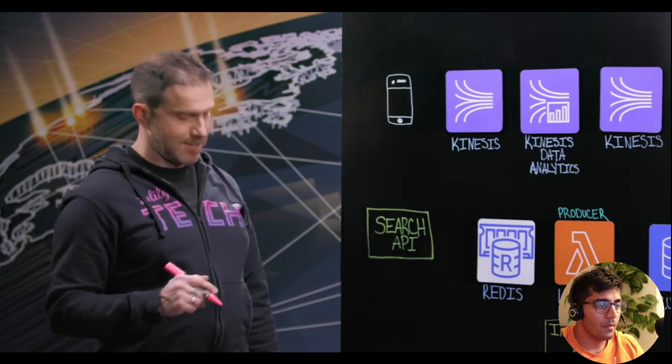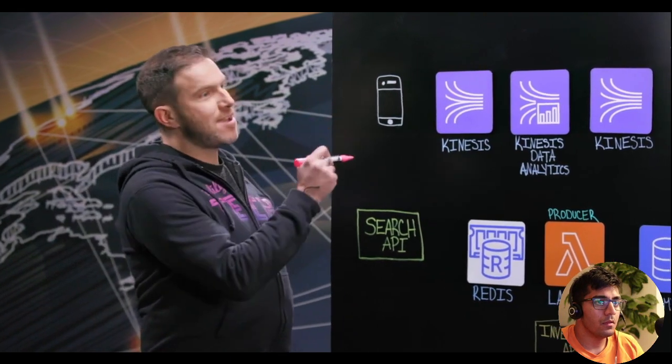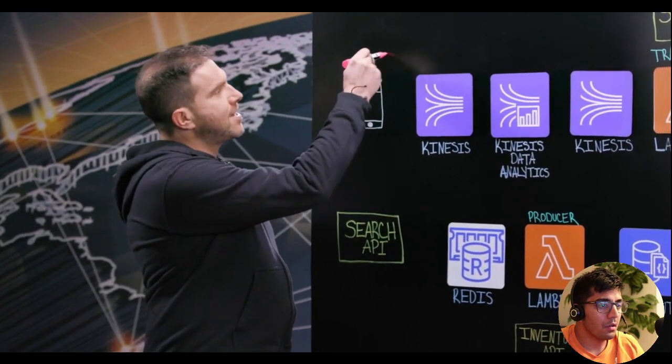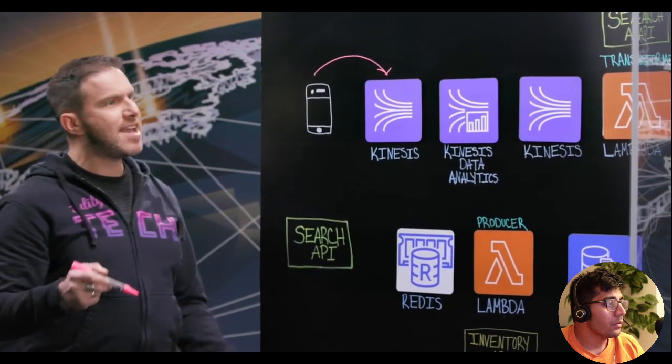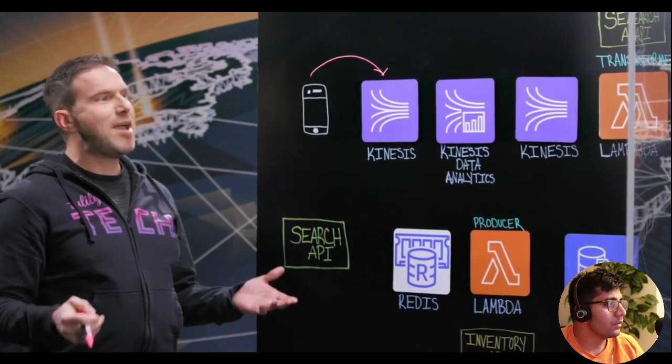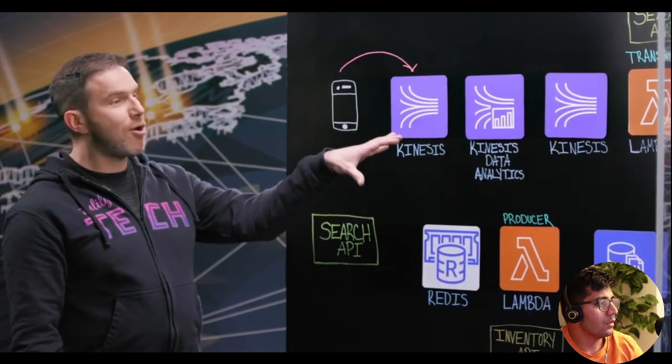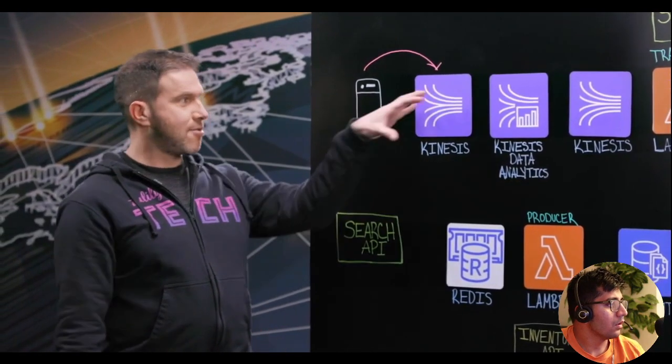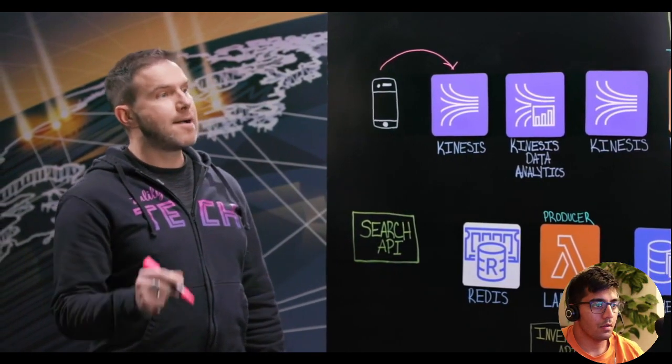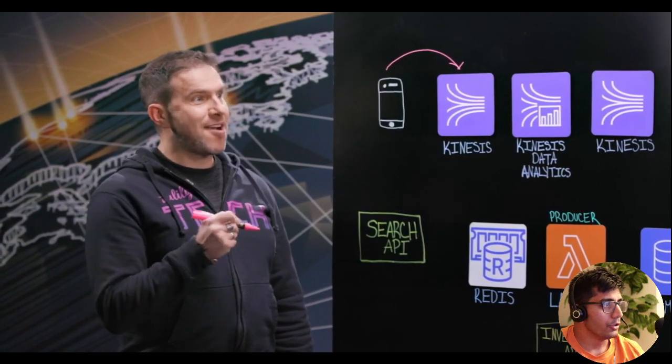So let me walk you through this. We start with the customer being on the mobile phone. Interesting. As customers navigate the app, they view pages, they click on things, we record all of that in AWS Kinesis. This is our clickstream pipeline. Now for search specifically, we only care about search events.